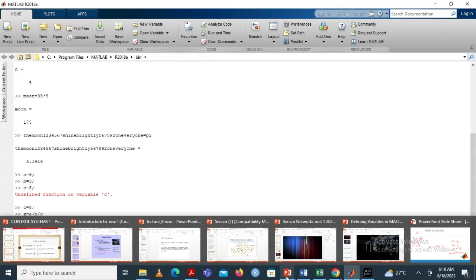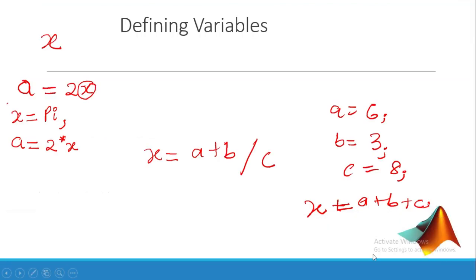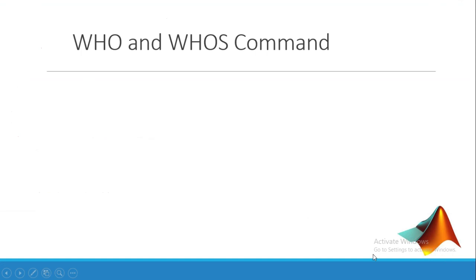Okay, the next thing we are going to look at is the who and whos commands. What do we use the who command for, and what do we use the whos command for? To see the variables currently stored in memory, we use the who command. So now let's go back to Matlab.